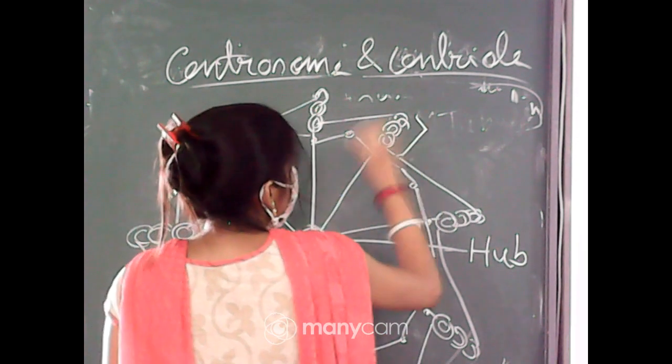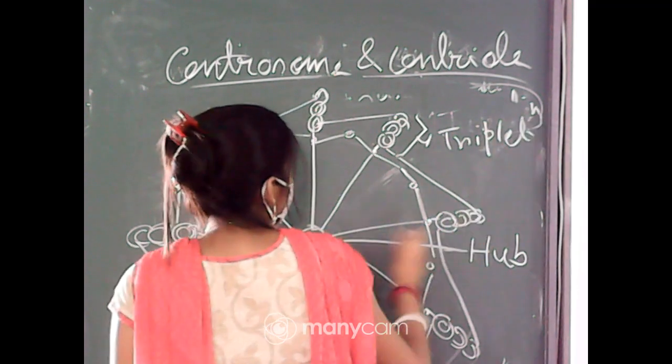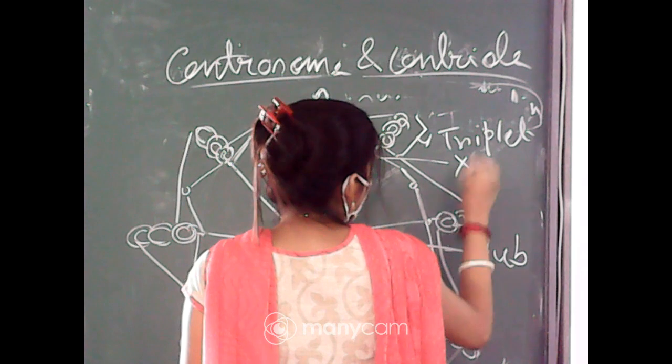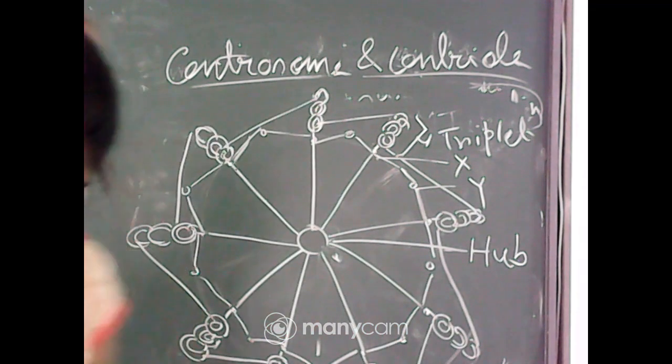These are the 9 triplet microtubules, and this is the X thickening and this is the Y thickening, which are dense material.